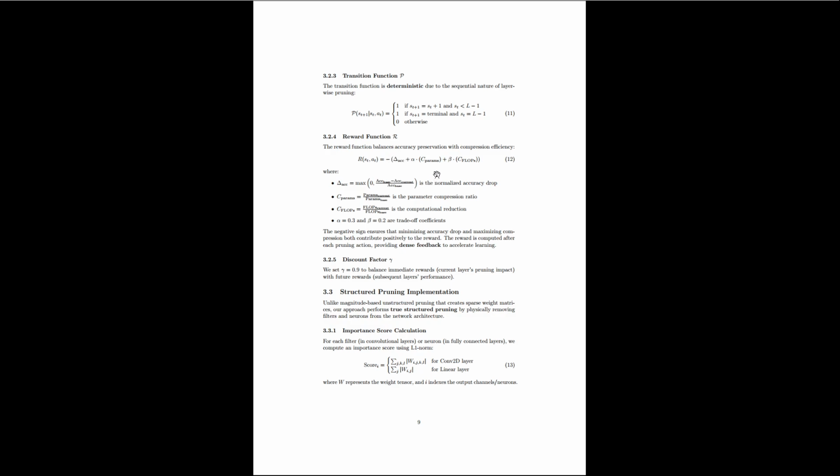These three components can be obtained after the agent's action, and they are used to calculate the reward function to make the agent's action better in the next step.